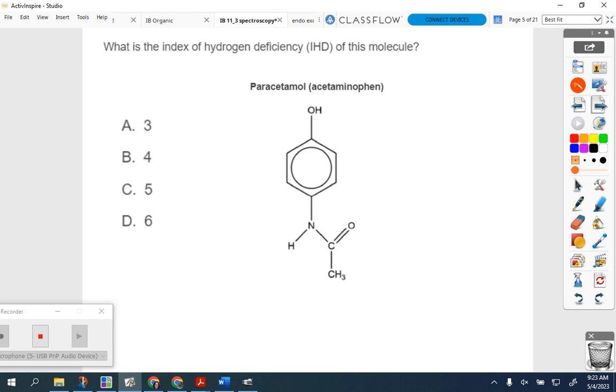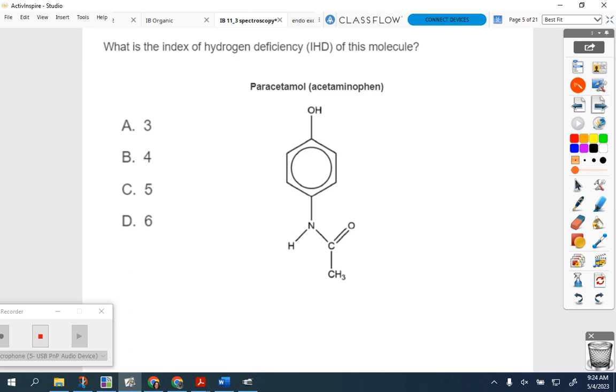Think about what that aromatic ring consists of, okay? It is not B. Oh, that ring thing is made of like 6 carbons, right?